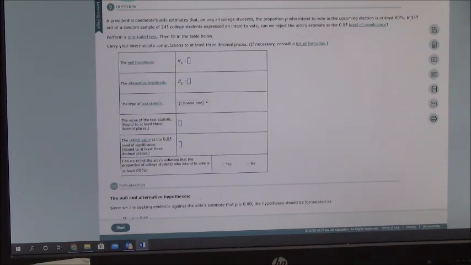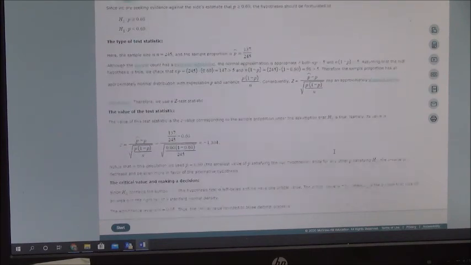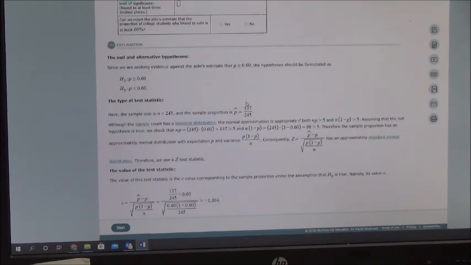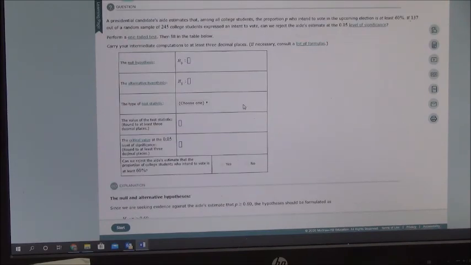My alternative hypothesis then would be, is P less than 0.60? So P is either greater than or equal to 0.60 for my null, or P is less than 0.60 for my alternative. My claim here was, is it at least 60%?